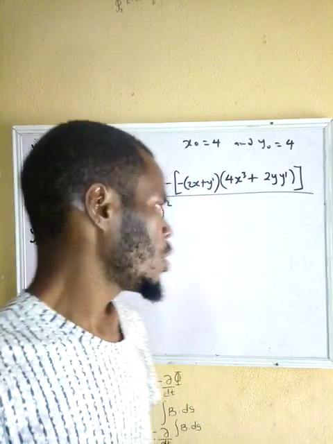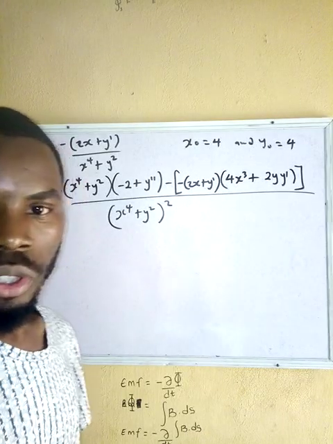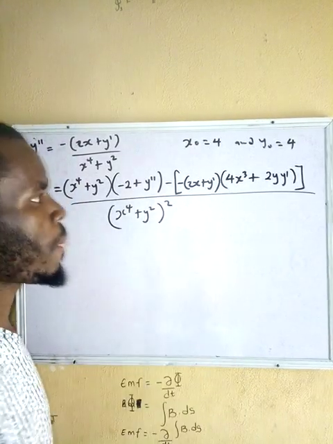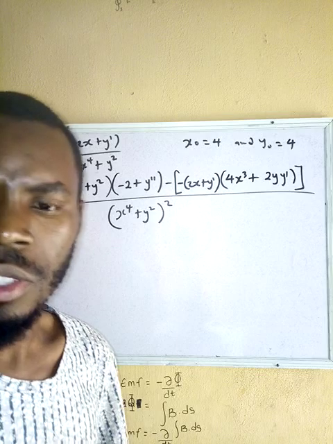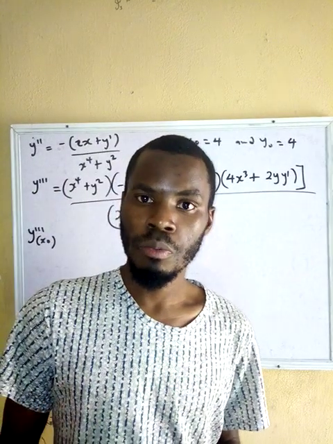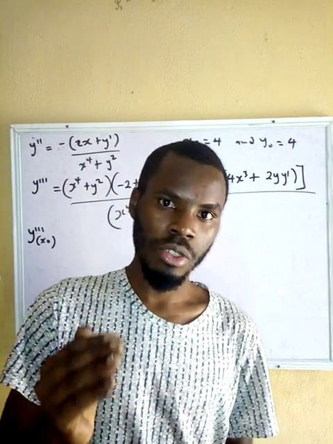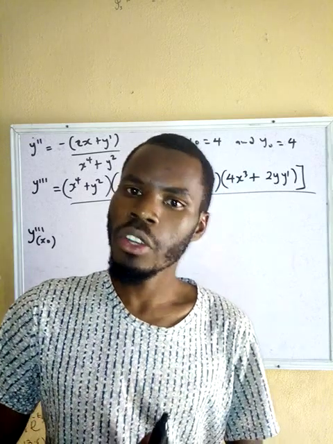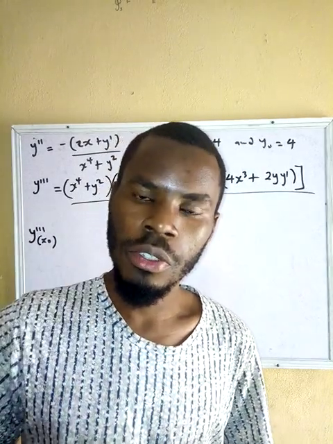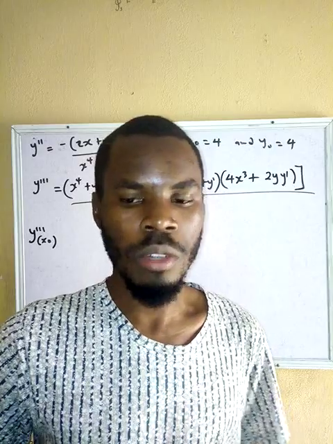So we are going to input those into this particular solution. So sit tight while we do the substitution. Please make sure if you are doing this, you are substituting correctly in order to have the correct answer. So we are going to do the substitution in the next 1 minute.